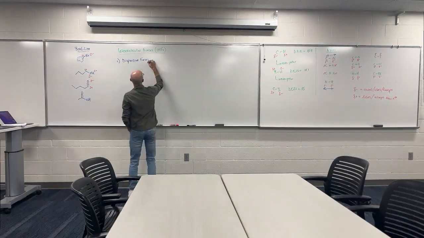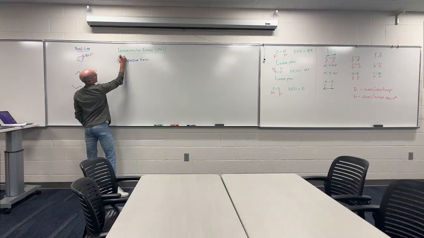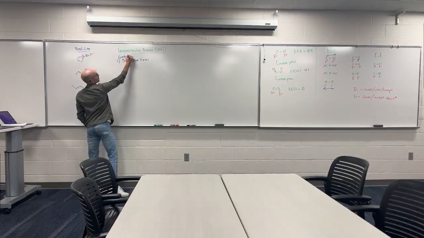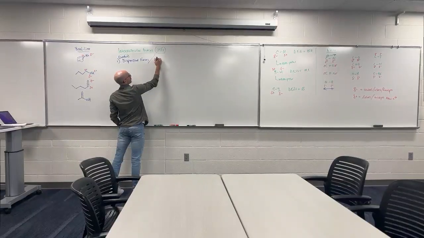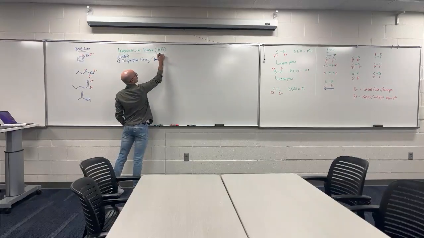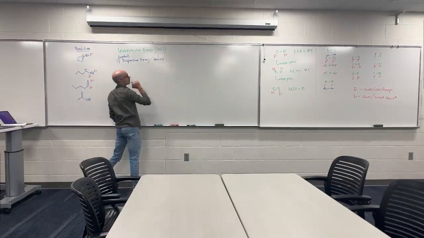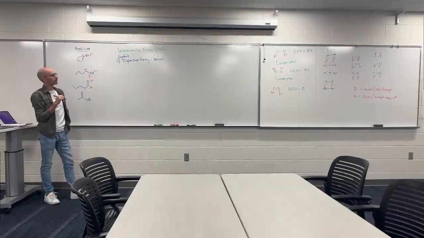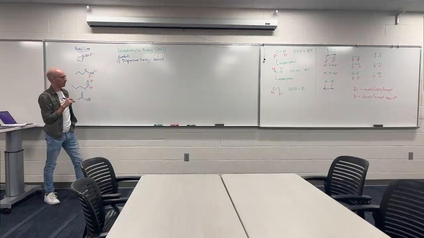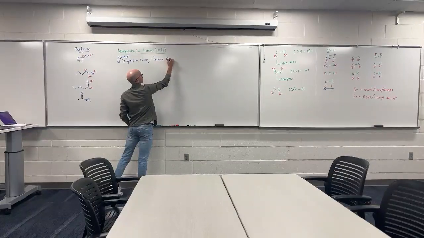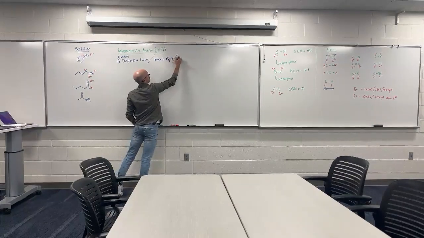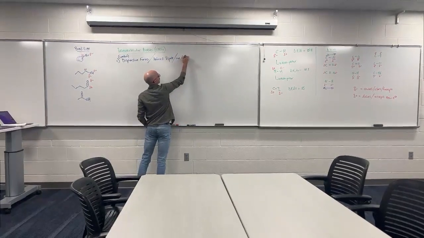Dispersion forces, also called London dispersion forces, not for the city, but for a person. Also called induced or temporary dipoles. No, it was something else. Induced dipole, also called van der Waals forces.